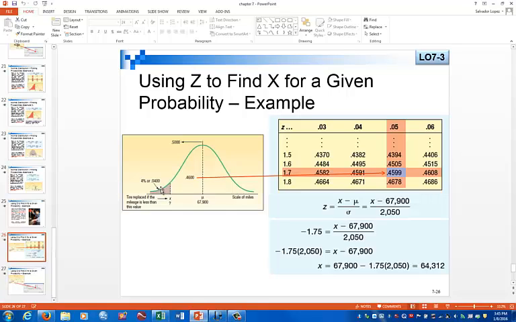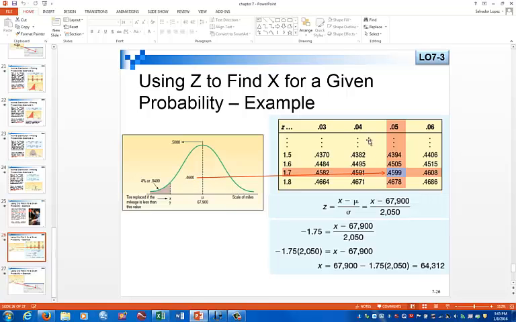Using basic knowledge of probabilities from the normal distribution, remember all the area from the mean to the left must be 0.5, as shown here. And since we know that this area must be 0.04, the area between the mean and the x value that we're looking for should be 0.46.